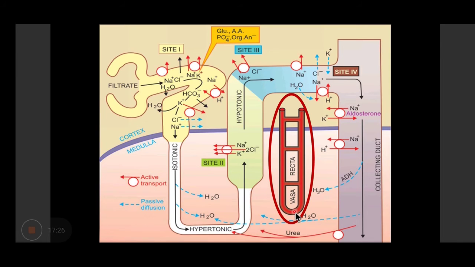So it is helping in the concentrating capacity of the kidney, no doubt, but this is a risk factor also, because whenever there is nephrotoxicity, a nephrotoxic agent that has been given, this area becomes the most prone to ischemia. Because it is very narrow, it can be obstructed, it can be damaged.